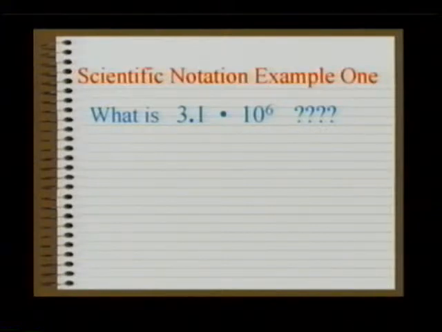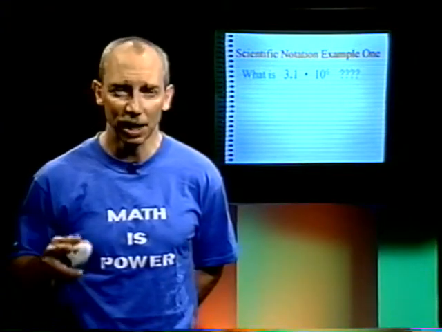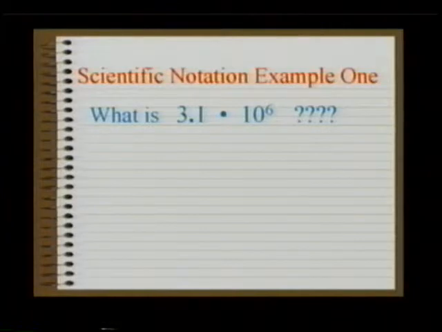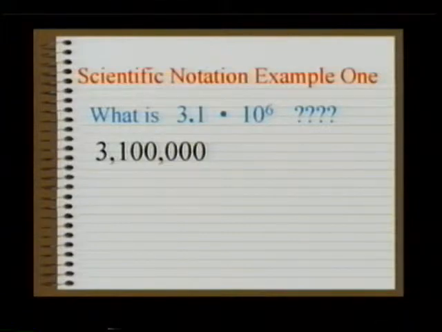3.1 times 10 to the 6th is already in scientific notation because it's some number between 1 and 10, 3.1, times 10 to some integer. In this case, that integer is 6. But we'll always have 10 in here. Basically, 3.1 times 10 to the 6th is 3,100,000.